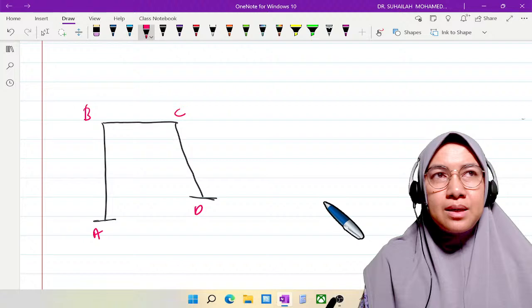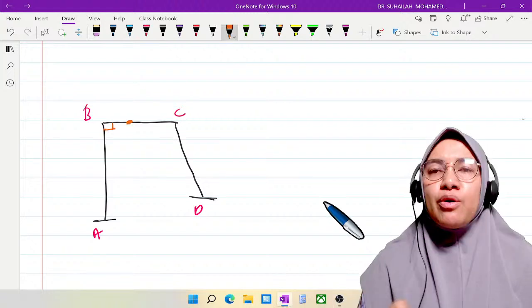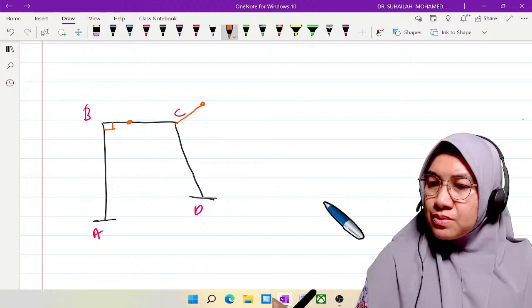We mark the perpendicular. This is the perpendicular, so we move to this point, and perpendicular to CD is this point. So we just need to draw the triangle.